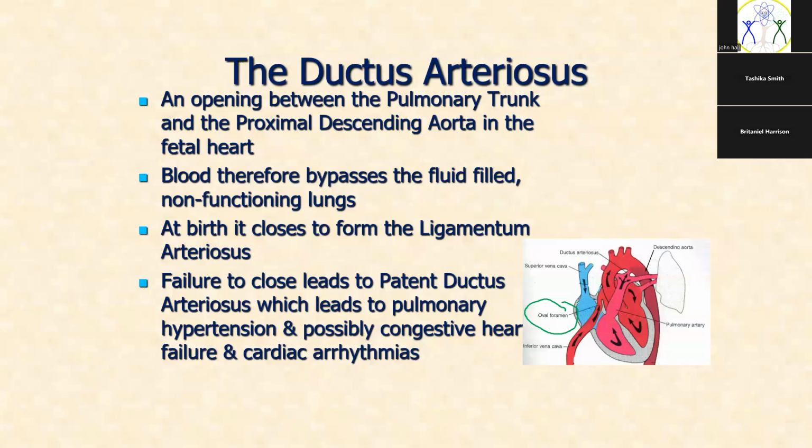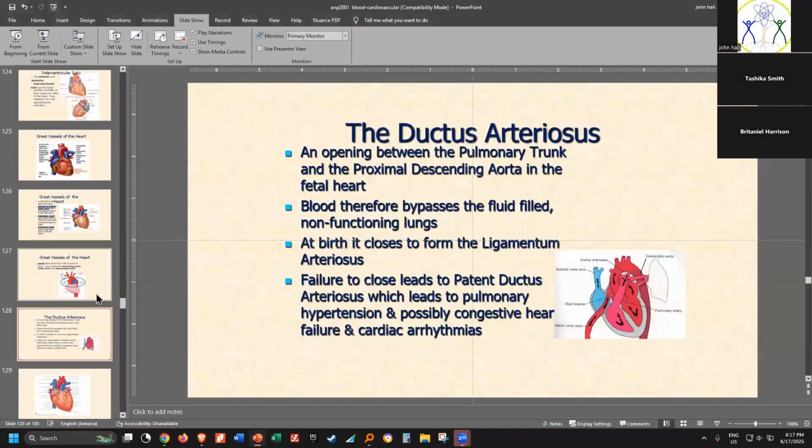So it allows you to send blood from the right side of the heart straight to the left side of the heart, bypassing the lungs. The ductus arteriosus is also something that you have in the fetal stage. And if you notice here, let me make it a little bigger so it's a little easier to spot.